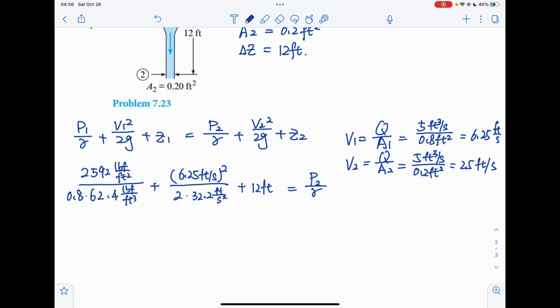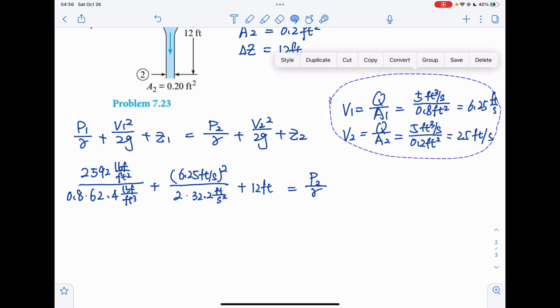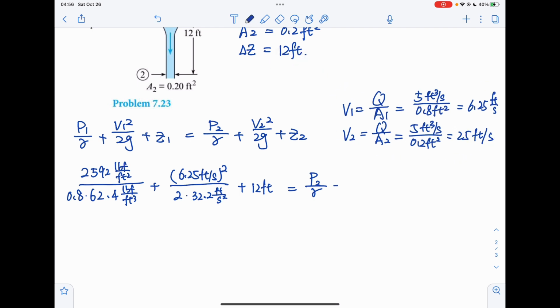plus V2, 25 feet per second to the power of 2, times the g.